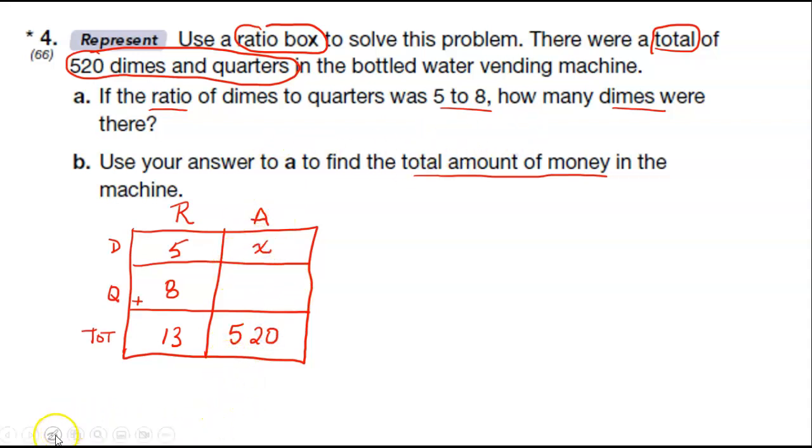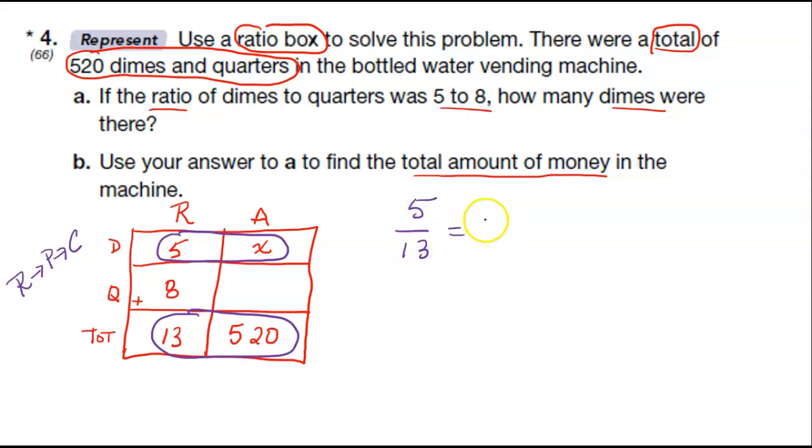Okay, so let me change colors. So we know that this is going to be our ratio box proportion cross multiply problem. And we're going to use this and this. Okay, so we have 5 over 13 is equal to x over 520.